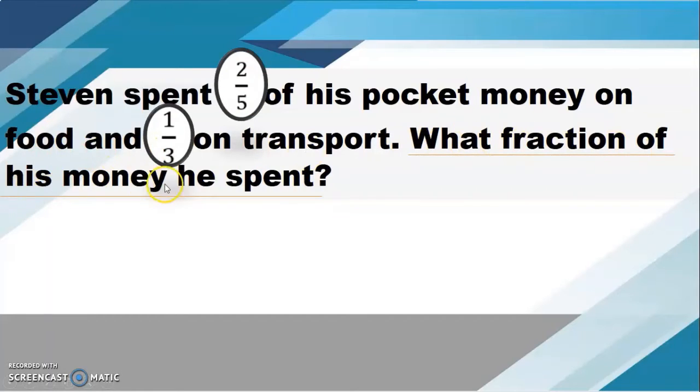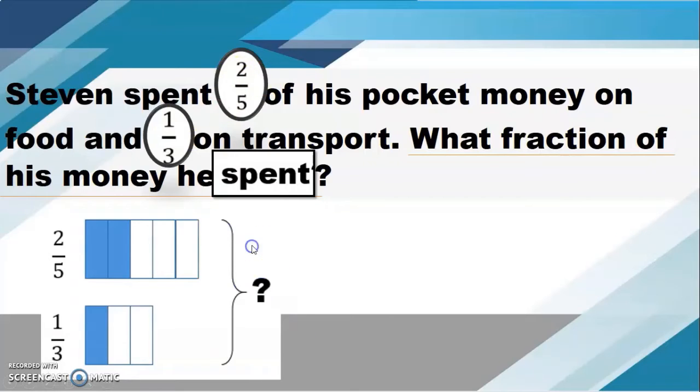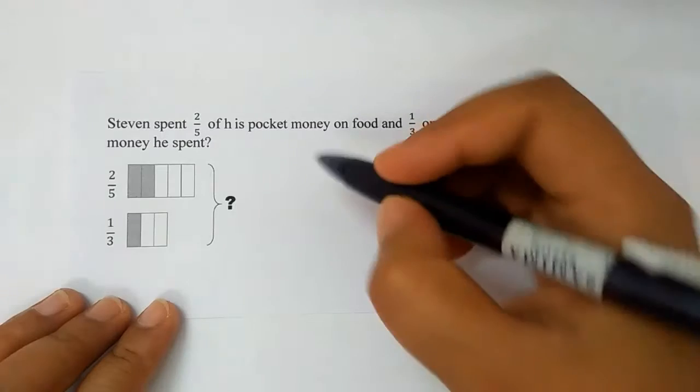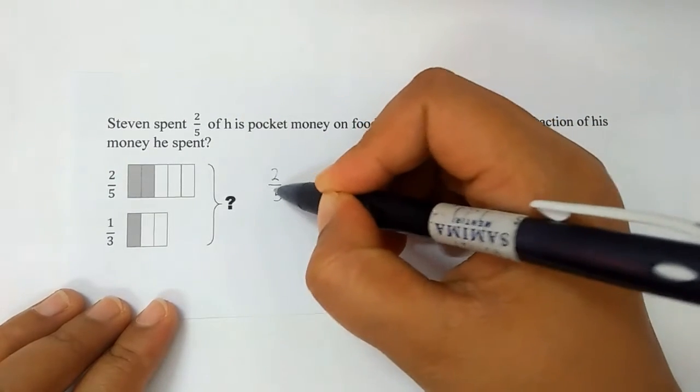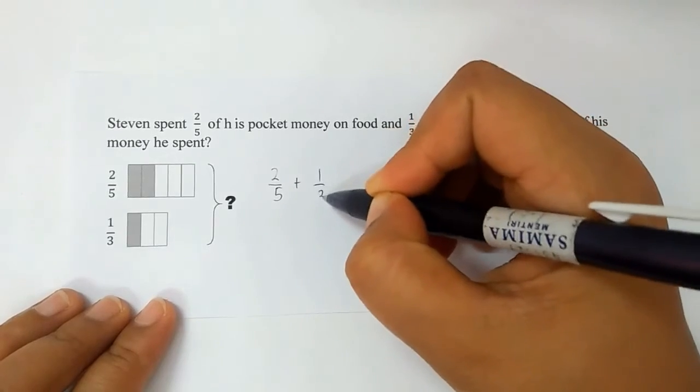What fraction of his money did he spend? Box the keyword. What is the keyword here? Very good. The amount of money he spent. So these two fractions he spent. It means we're going to add 2/5 and 1/3.